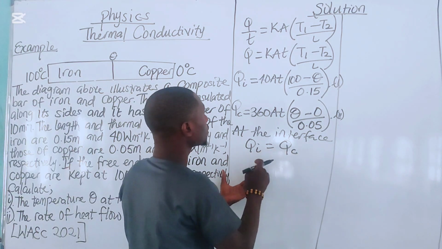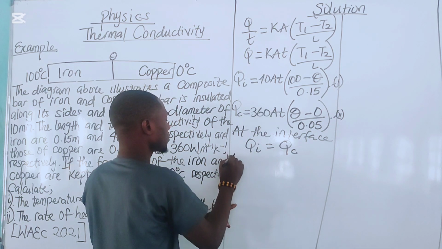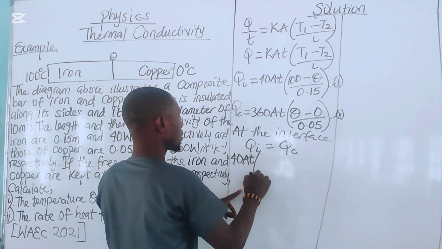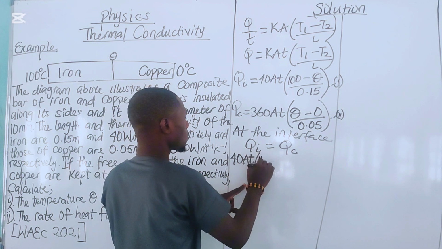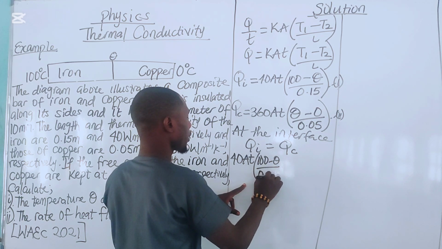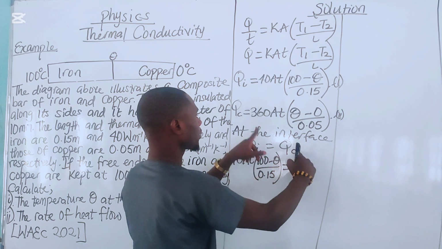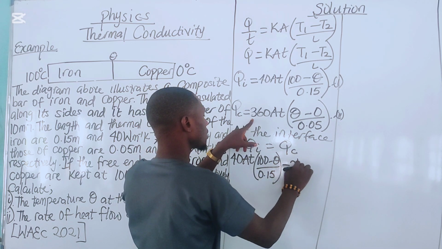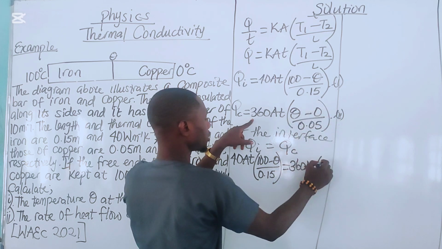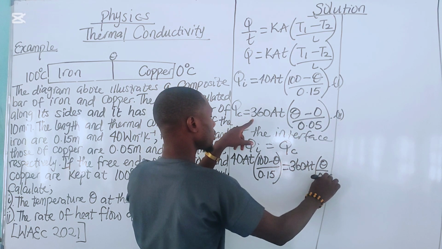When we substitute, the quantity of heat for the iron is 40 AT into 100 minus theta over 0.15, which should be equal to the quantity of heat for the copper, 360 AT into theta minus 0, which is theta, over 0.05.